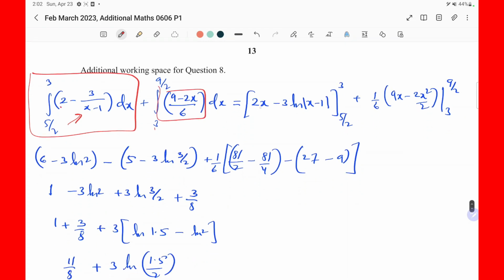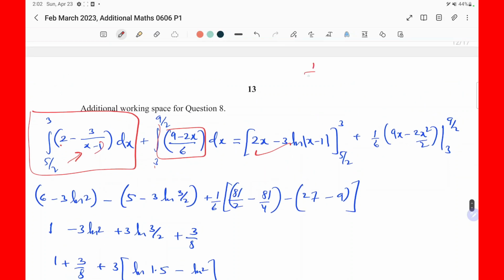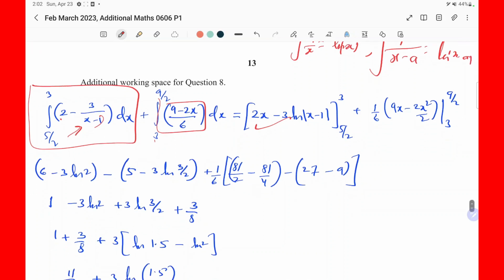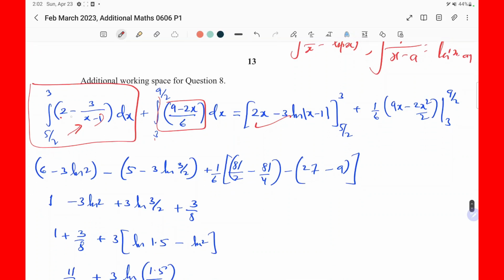Now the integration of 2 is 2x, and minus 3, and the integration of 1 over x is ln of mod x, we know that. And if you have 1 over (x minus a), then ln of (x minus a). So the integration is 2x minus 3 ln (x minus 1). And this is 1 over 6, which I have written here.